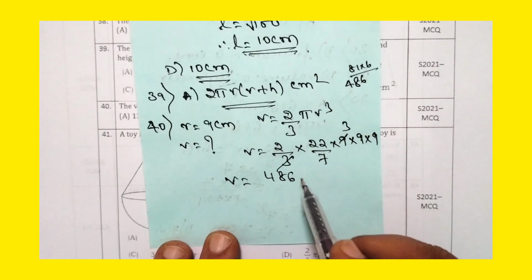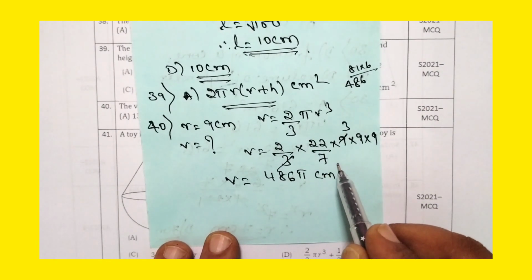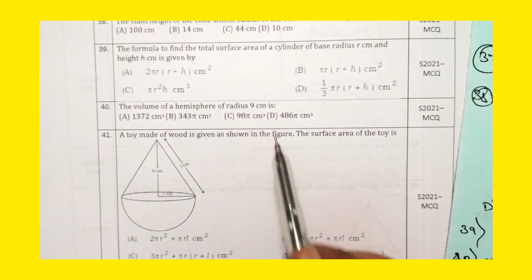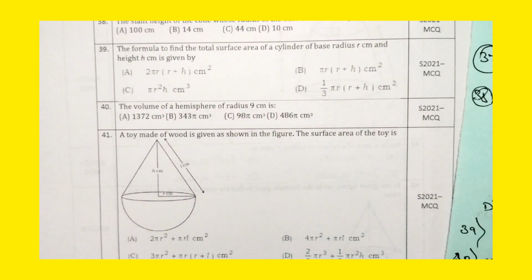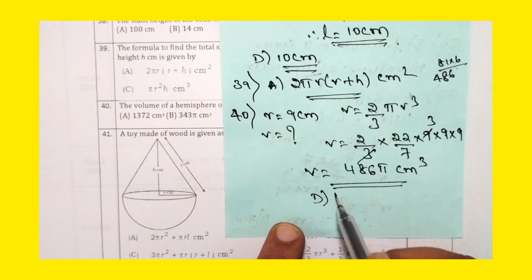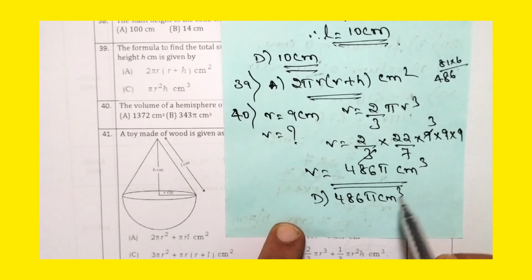So the volume of the hemisphere is 486 pi centimeter cube. For this question the right answer is option D, 486 pi centimeter cube.